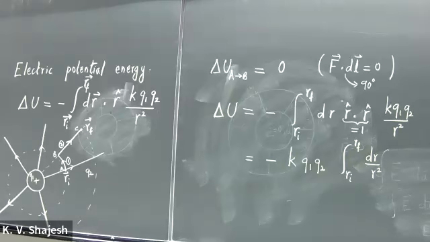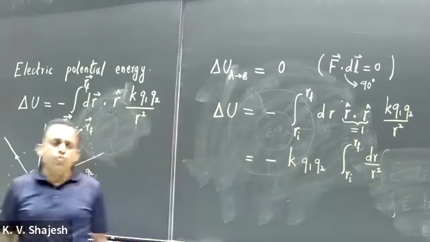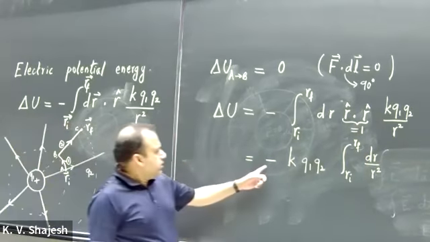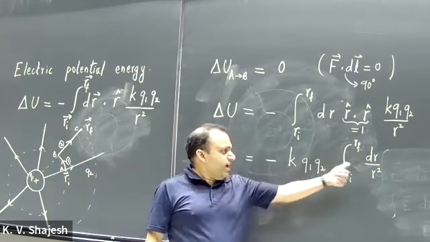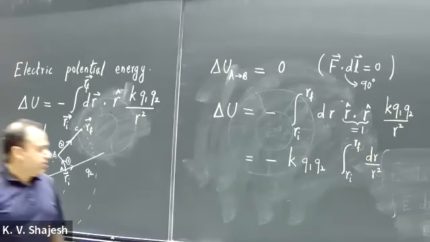So that's r raised to minus 2 plus 1 divided by minus 2 plus 1. Minus 2 plus 1 is minus 1, so that's minus of 1 over r. The minus and the minus 1 over r cancel, and I have to take the limits.